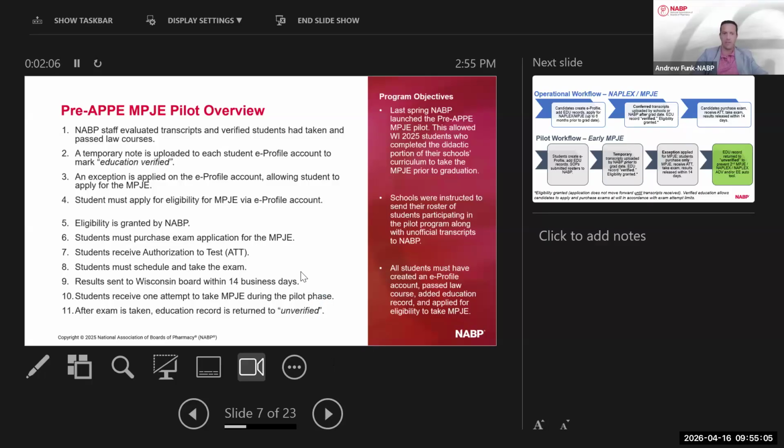North Dakota still managed that process independent from NABP, so they were still processing the eligibility for those candidates who wanted to take the exam early.